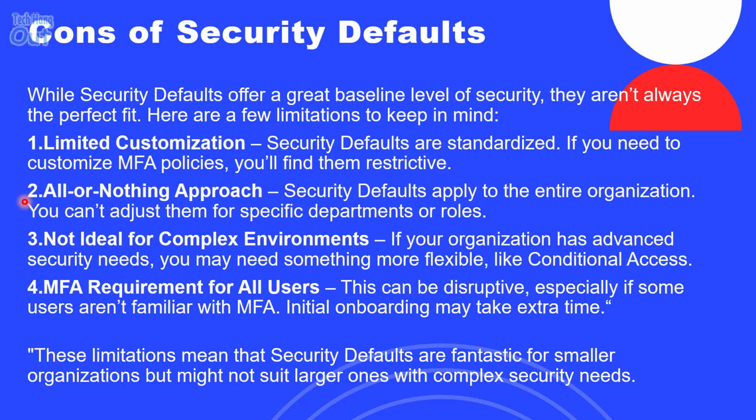Another one is the all or nothing approach, because once you enable it, it blocks everything, which further emphasizes you not being able to customize this setting. The next one I have here is not ideal for complex environments.